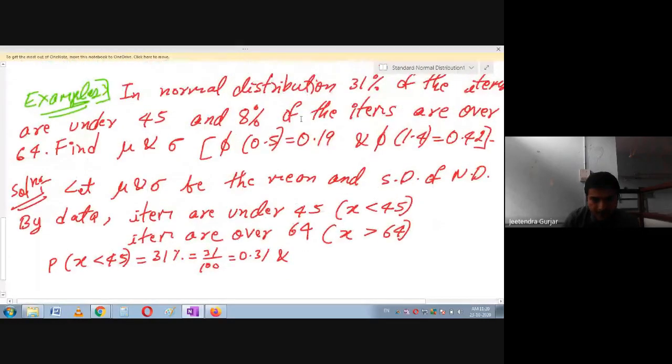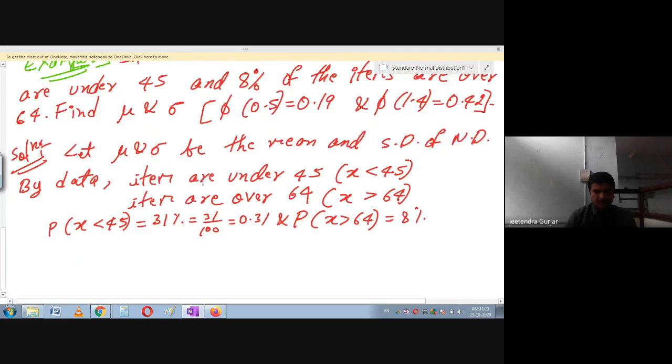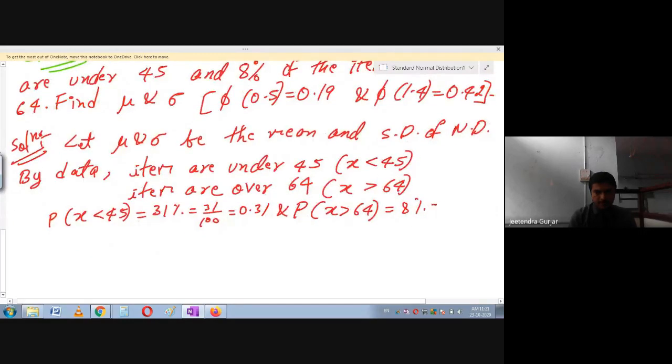I think here they have given items are over 64, meaning x is greater than 64. Yes, please, if you have any doubt, ask me. Then I'm going to find the probability of x greater than 64, which is equal to 8%. They have told you it is 8%, items over 64. Again, if you simplify this, 8 divided by 100, this is 0.08. I think these are all the things they have given.